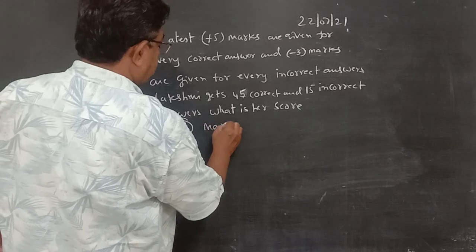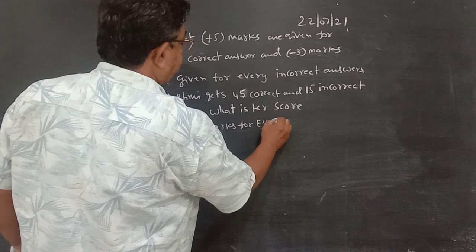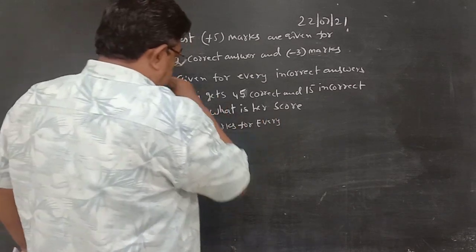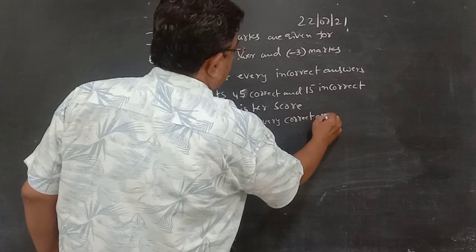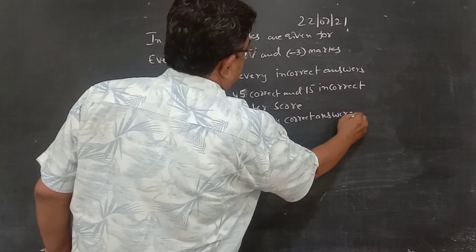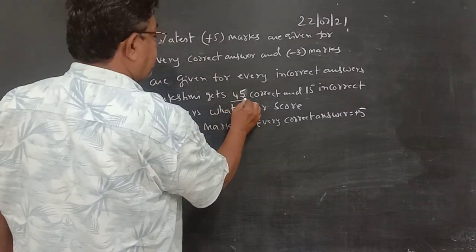Marks for every correct answer is equal to plus 5. How many questions correctly written? 45.